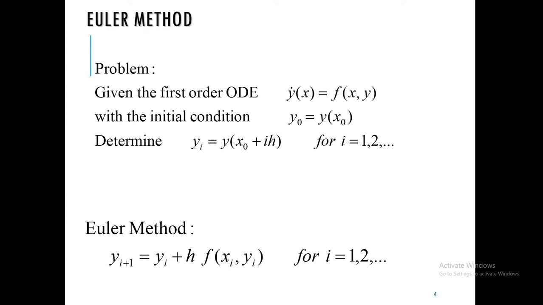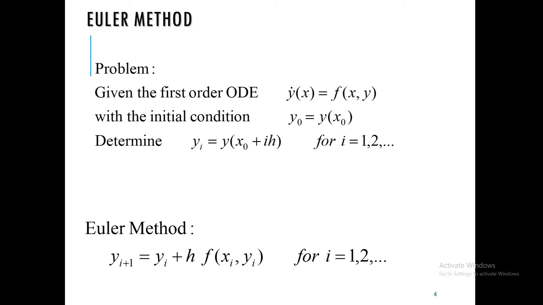Using Euler's technique, the formula for the iteration is y_(i+1) equals y_i plus the step size times the differential equation evaluated at the given points x_i and y_i.